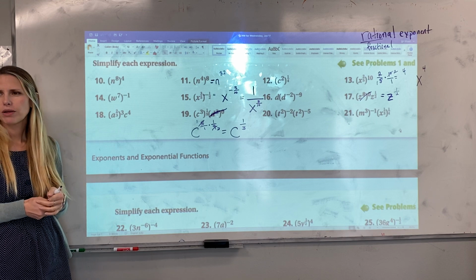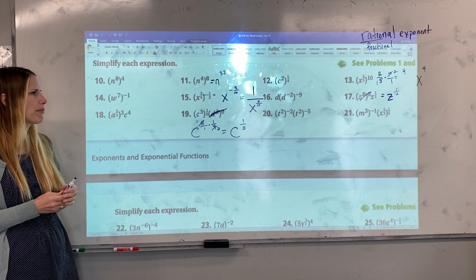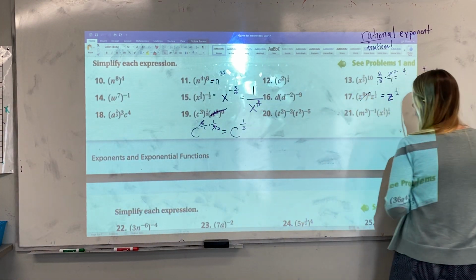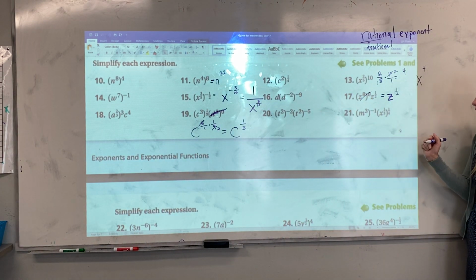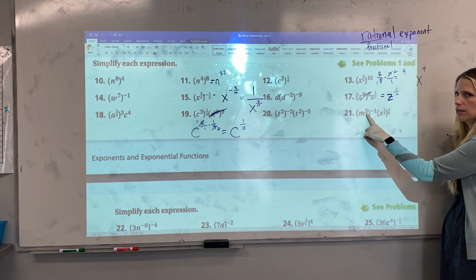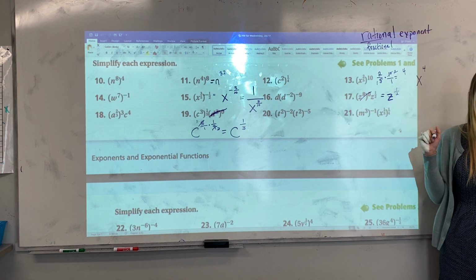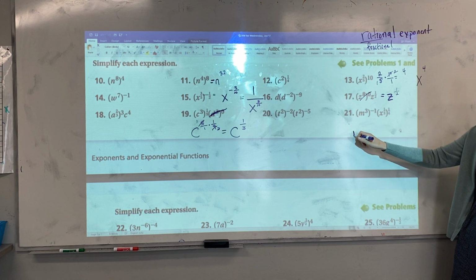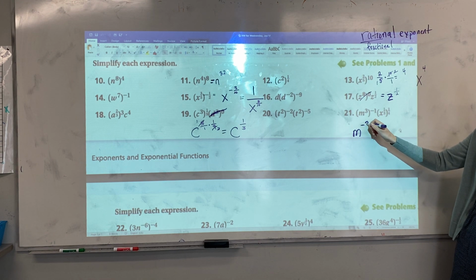Right, number 21. I pressed record, right? Yeah, I did. Okay. Number 21. Oh, we got a lot going on in here. So we have m to the 3rd being raised to the -1 power. What do we do? Multiply. So what would that be? M to the -3.